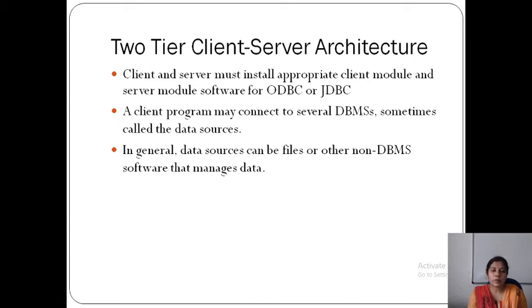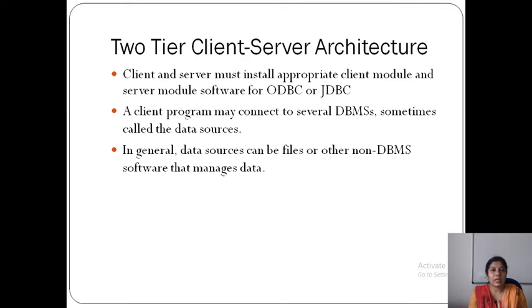Then a client program can connect to several DBMSs. That means it is not only connecting to a single DBMS, it may connect to different data sources. If I say several DBMSs, it means you can have different data sources. A data source is not just the DBMS or database management system.